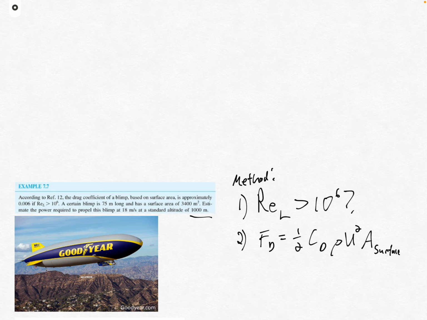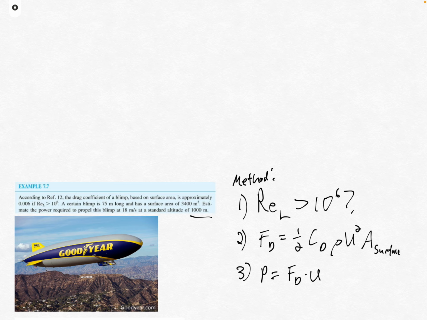Note that this is not the frontal area. This is not the planform area. This is a different area that we're supposed to use based on what we're told about this drag coefficient. And then third, we're going to find the power is equal to the force due to drag times the velocity.